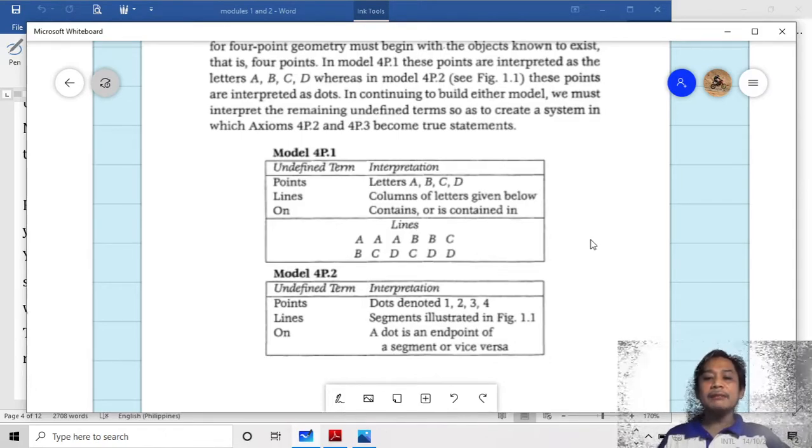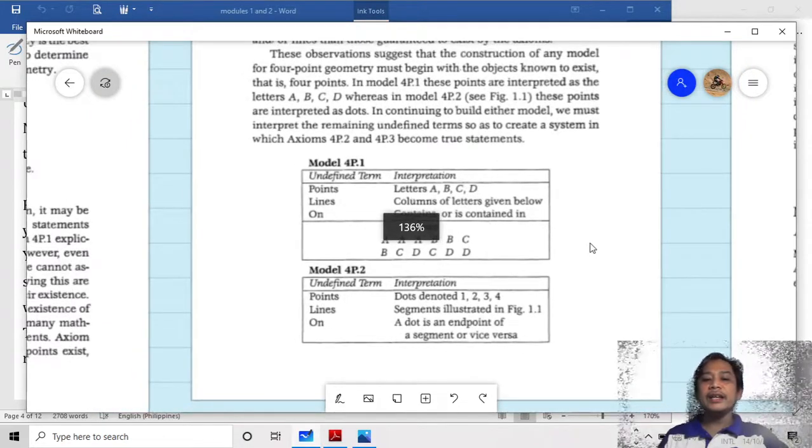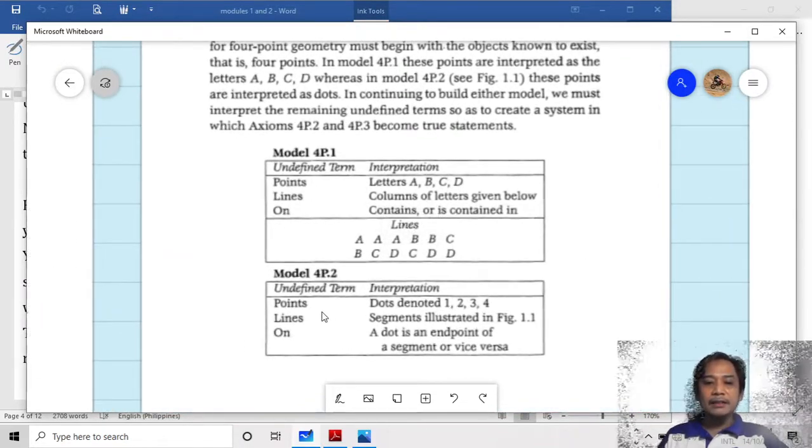Another model that can be made is somewhat visual or graphic. Here we define or interpret points as dots, then name the dots as 1, 2, 3, and 4. Then the lines are interpreted as segments connecting the dots.